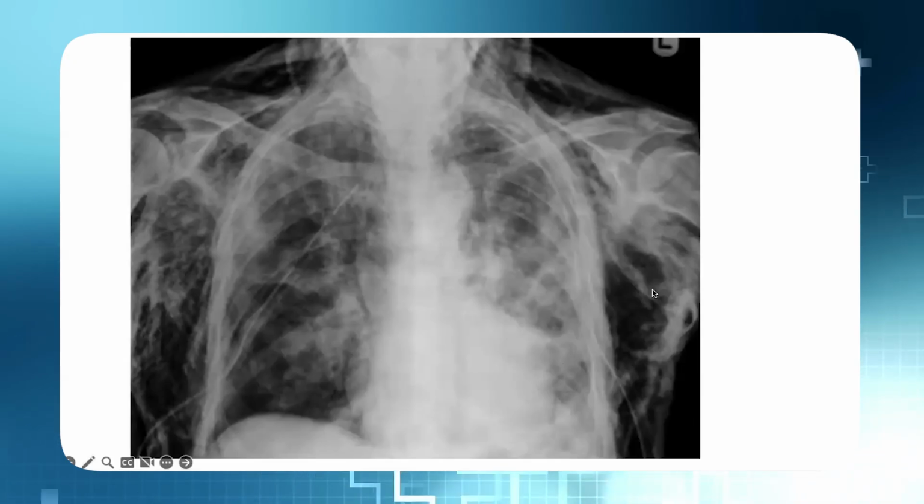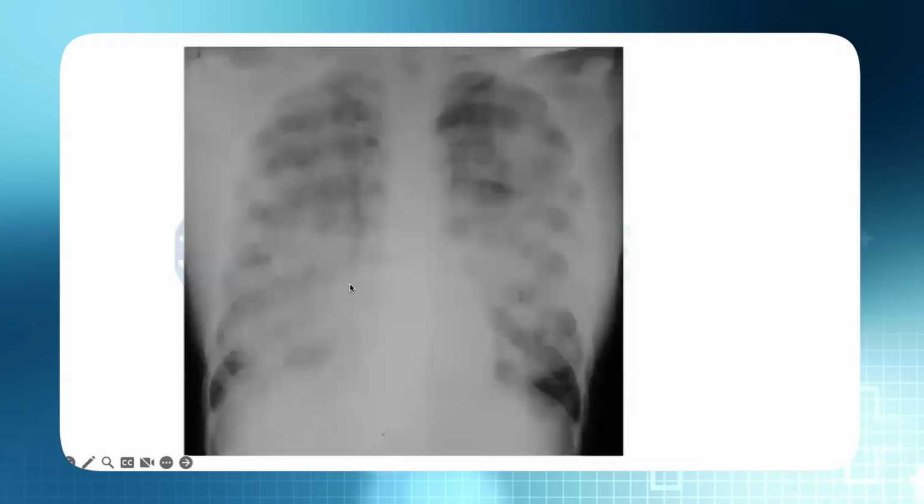Pneumothorax on both sides, and the left side drain is a little upward. Right side drain, subcutaneous emphysema is there. And have you seen the rib fracture? Here is the rib fracture, right side, near the diaphragm. What is this?